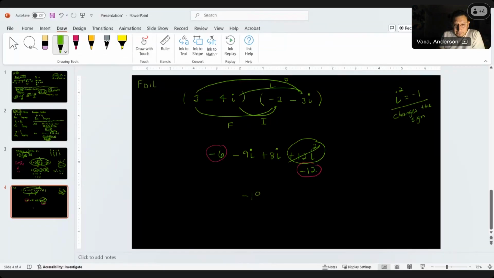That becomes -18. Then we combine -9i with the +8i, and we get -1i. There it is. And I hope that the second example was a little better than the first example, since we kind of knew what kind of stuff we were getting ourselves into.